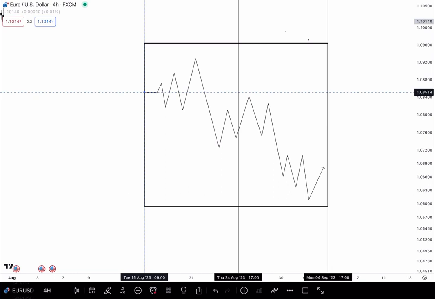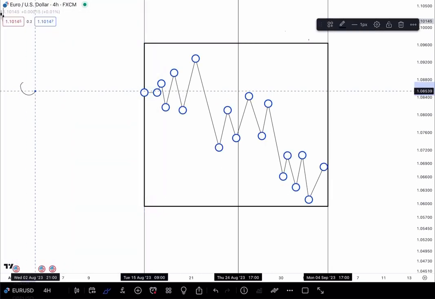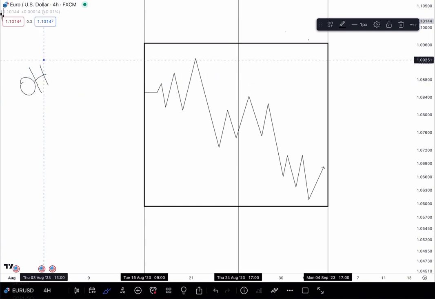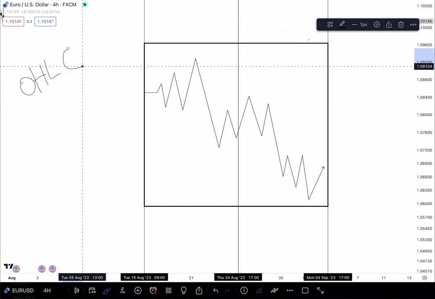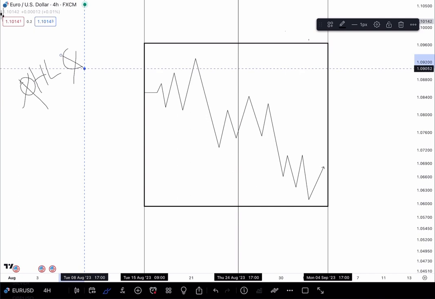So the puzzle is already 50% solved. The open, the high, the low, and the close. You got the open and you got the close. All you have to do now is anticipate the high and the low.